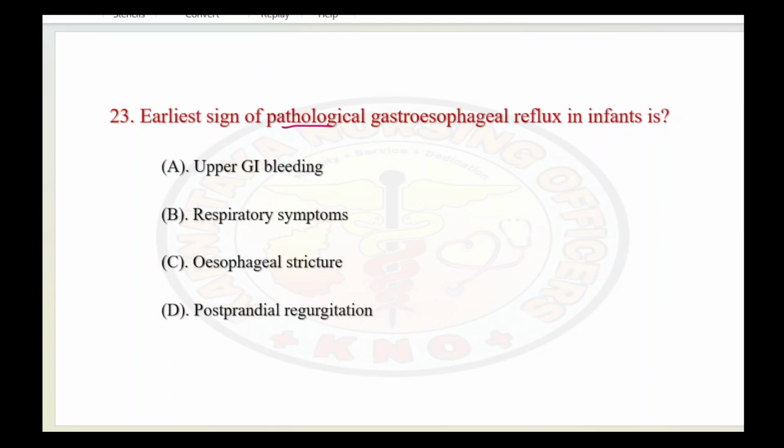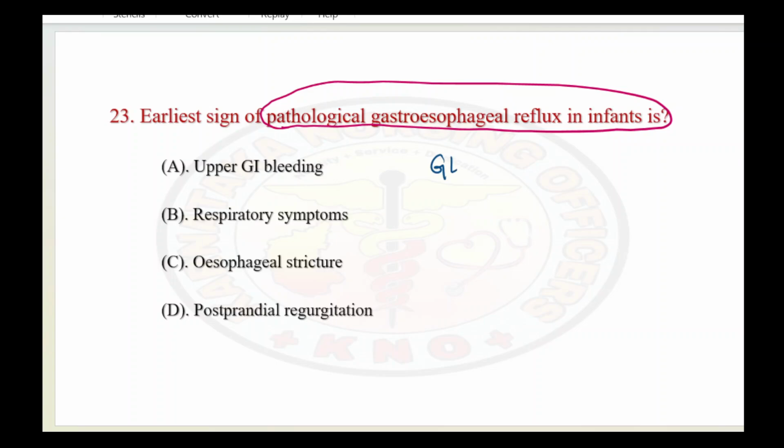Earliest sign of pathological gastroesophageal reflux in infants. Pathological gastroesophageal reflux. So let's know about the GERD. GERD, if you see, is of two types: physiological and pathological.